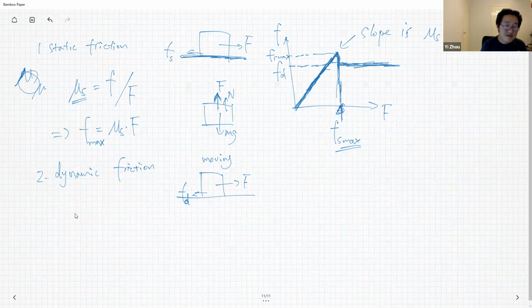So we have mu d equal to the friction divided by F. But remember, this is only when the object is moving. And usually mu s is greater than mu d. But very often we treat them the same, okay?